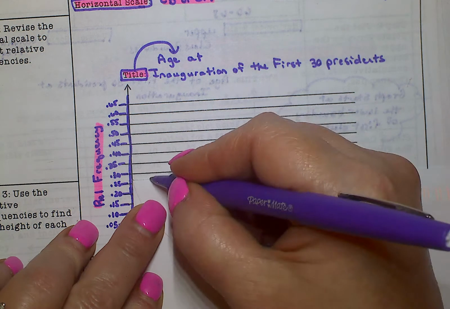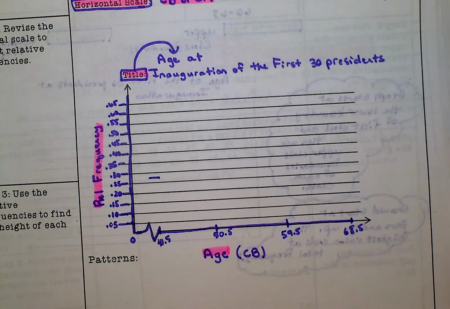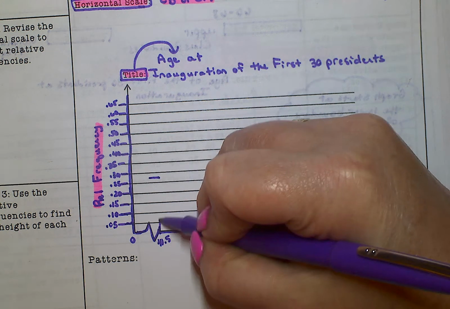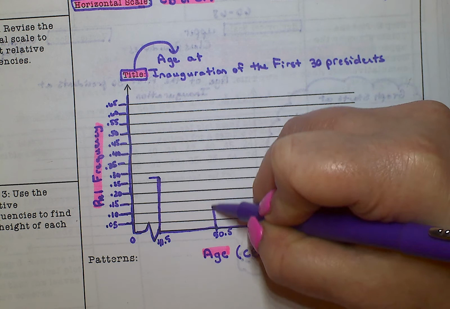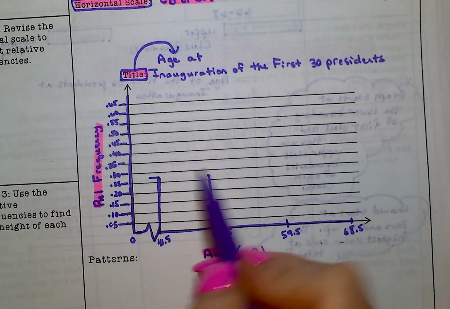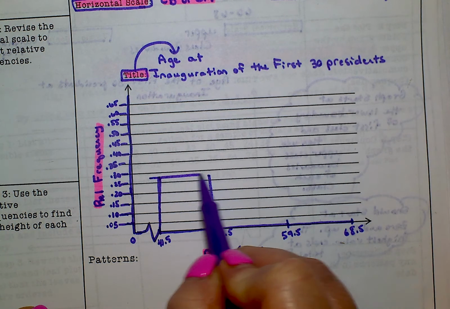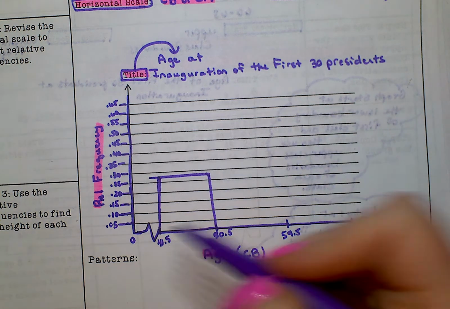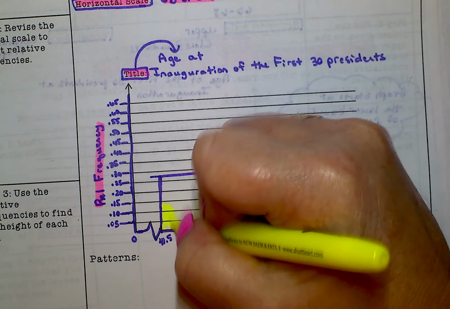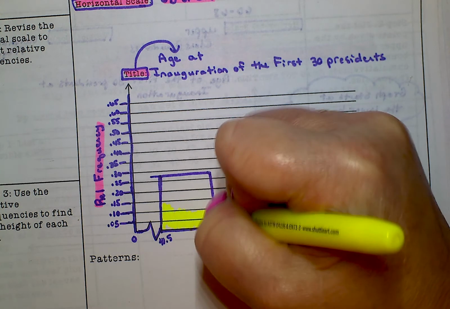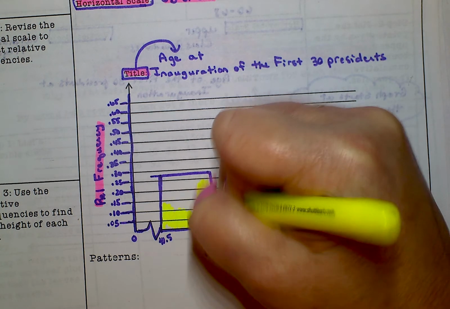So I'm just going to kind of put a little mark right there. Okay. Now my mark's there to tell me how high to go for this bar. And then, of course, I would need to erase that mark. Then I'm just going to color that bar.